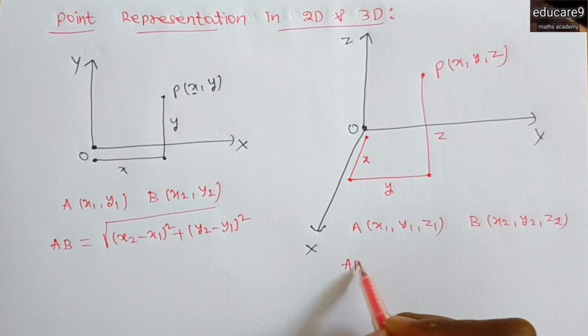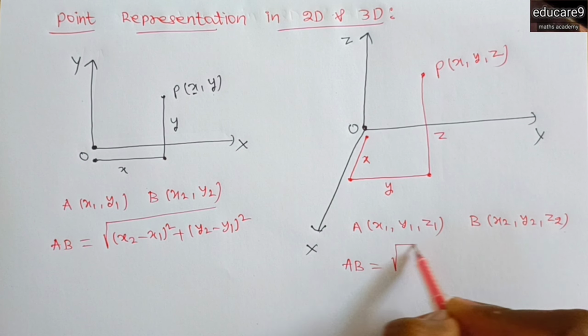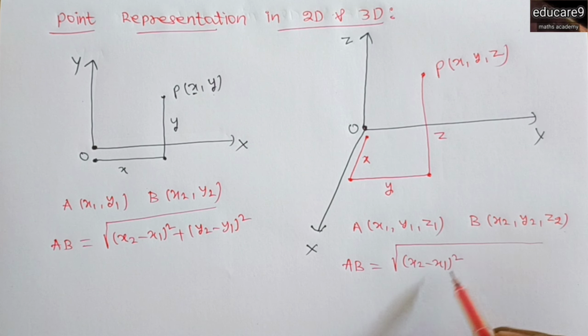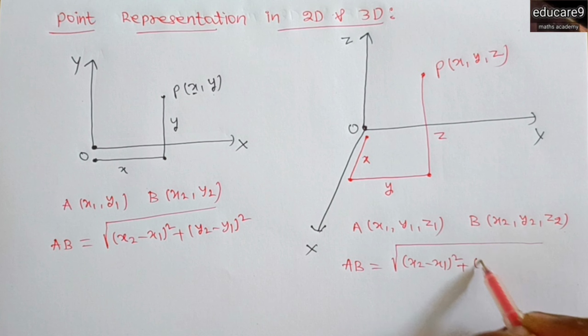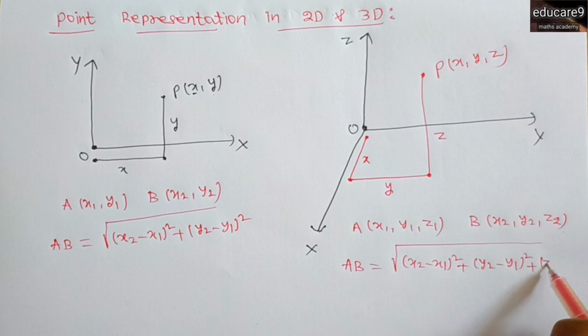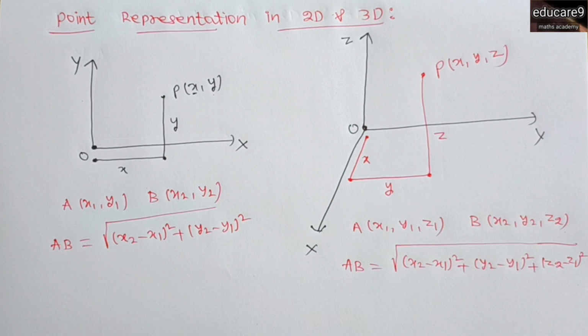The distance between A and B can be written as the square root of (x2 minus x1) whole square plus (y2 minus y1) whole square plus (z2 minus z1) whole square. So just the extra z coordinates are added in 3 dimensional. So all the remaining formulas are similar.